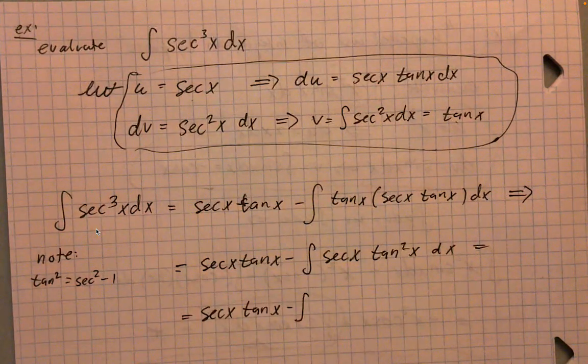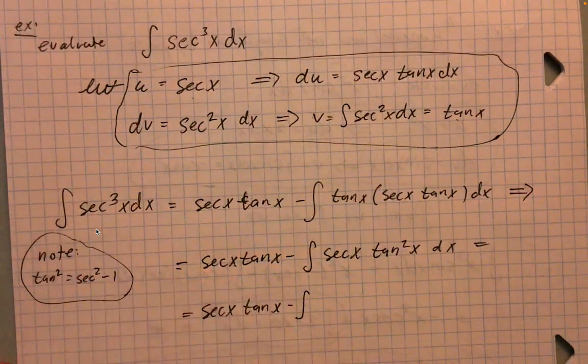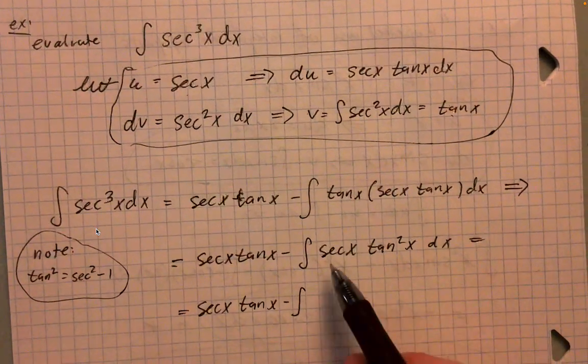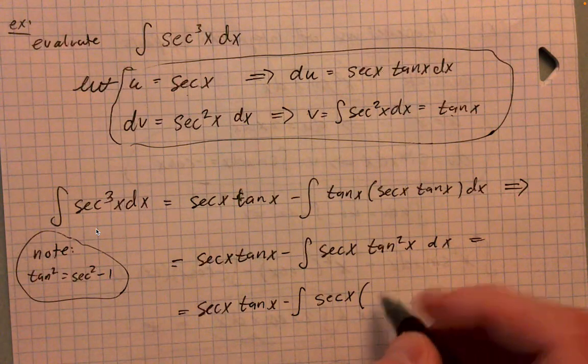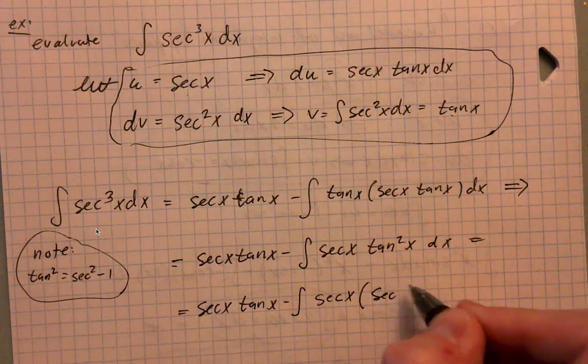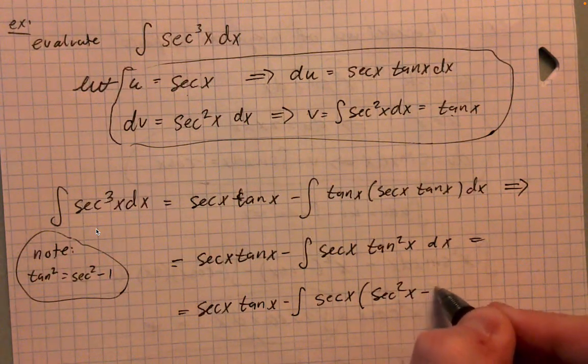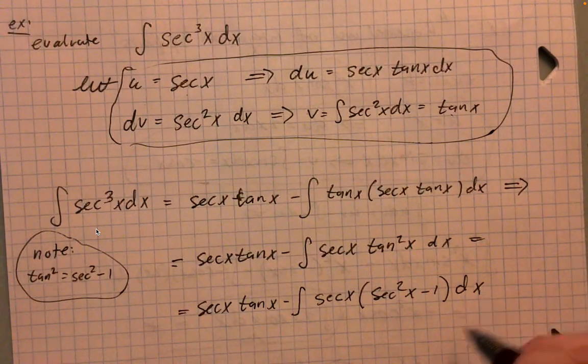This is the lesser known of the Pythagorean identities. Okay, so just recalling your trigonometry there. And so that means this can be rewritten as secant x times secant squared x minus 1 dx.